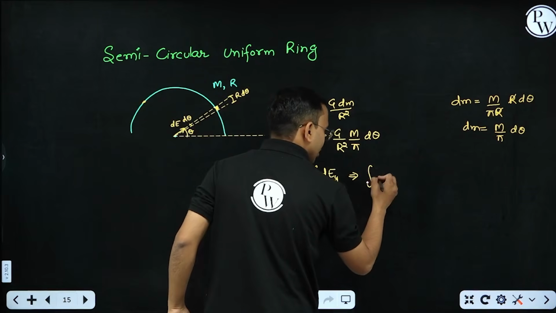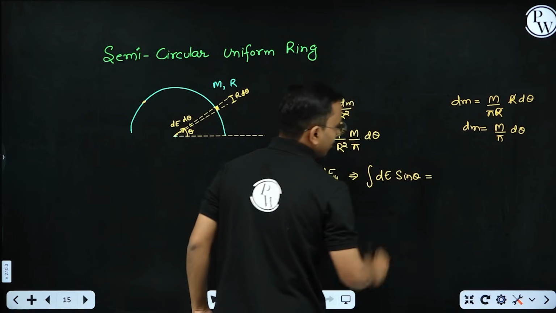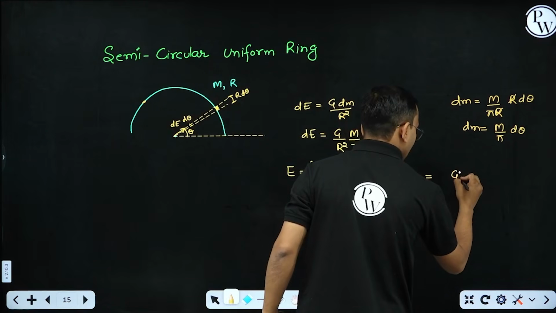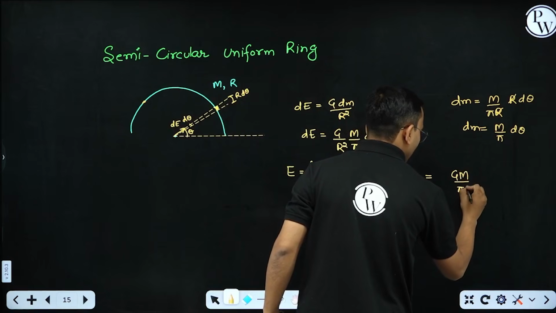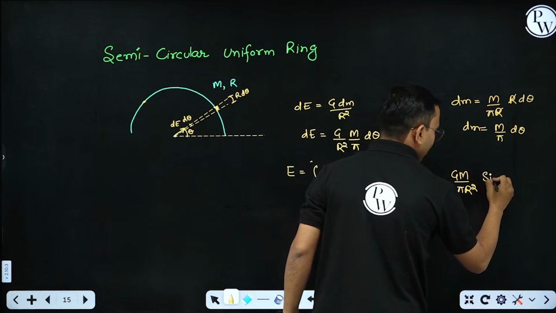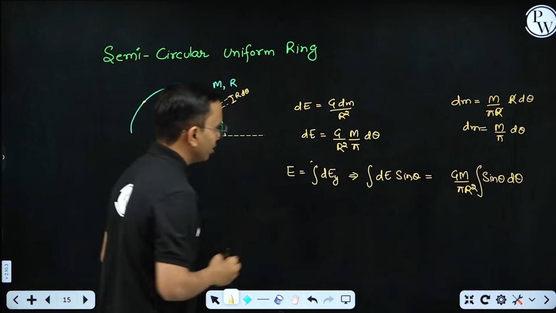So my total E will be the integration of the vertical component, dE sin theta. Now this will become g m by pi r squared into sin theta d theta integration.